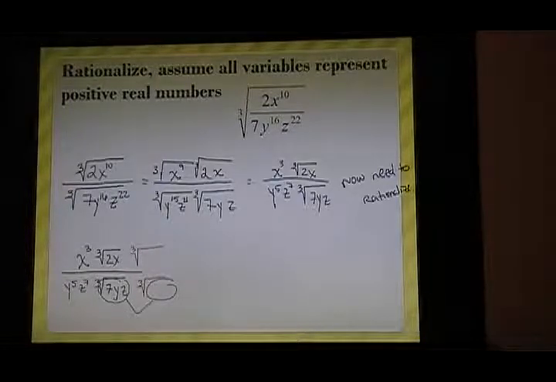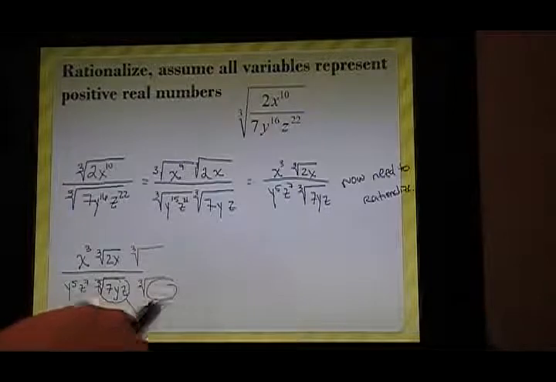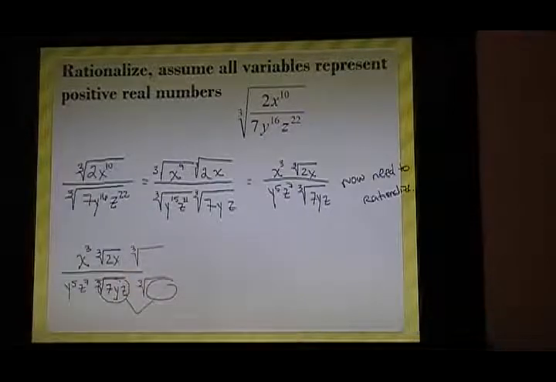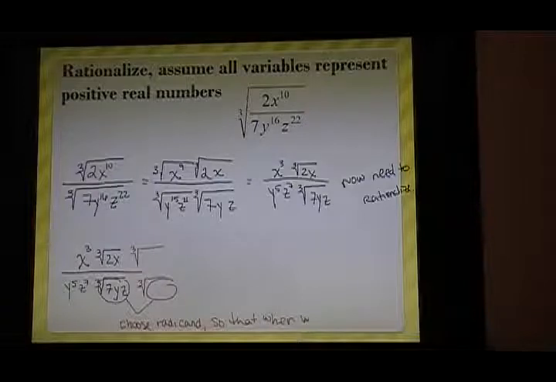We want to choose this so that when I multiply those two radicands together, I get a perfect cube. We choose the radicand so that when we multiply, we will have a perfect cube.